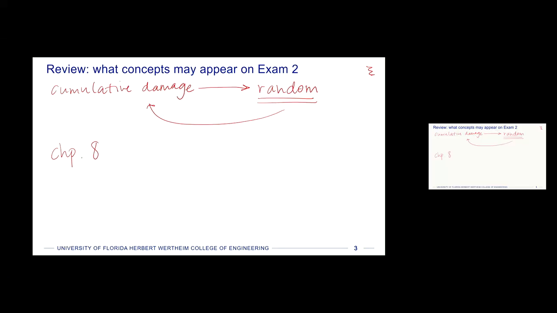But what chapter 8 tried to help us do was put together what we know about fatigue, and what we always use, which is that S-N diagram, right, with multi-axial stress states, right, that may have random fluctuations, or a stress spectrum that's not easily captured by a pattern. And so if you are able to complete the problem sets that include problems from chapter 8, then I think you will be well prepared for the exam.